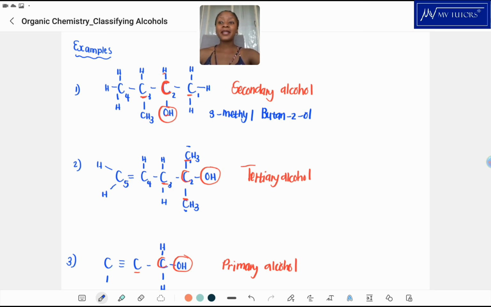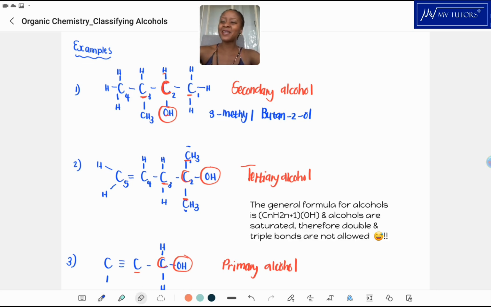Okay, but now we need to ask ourselves, we have a double bond, okay? But this is where we have 2 functional groups in one. I don't think that's allowed. Okay, so I made these examples and I didn't think it through.